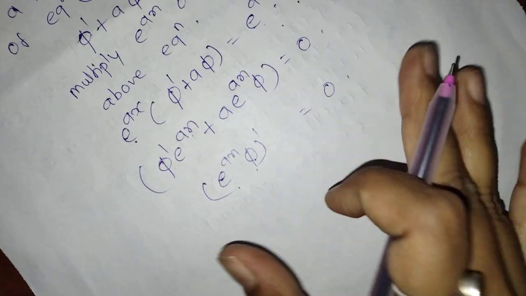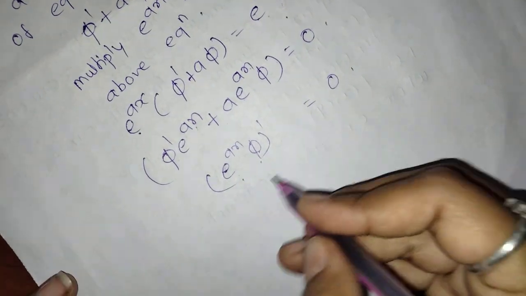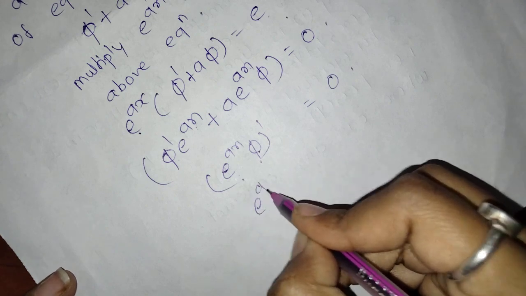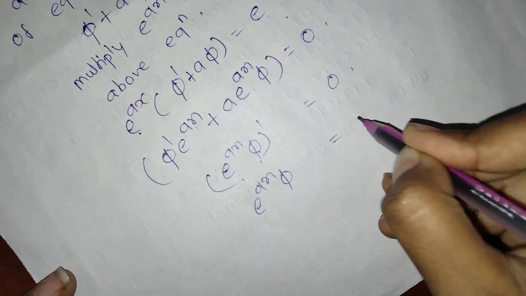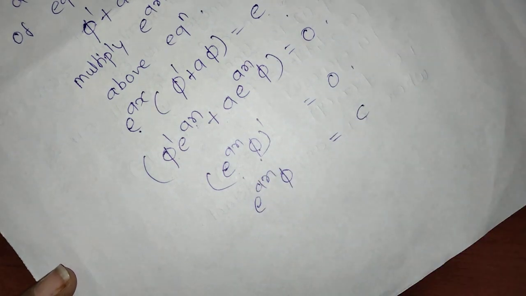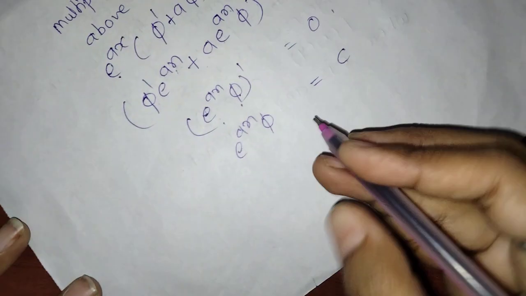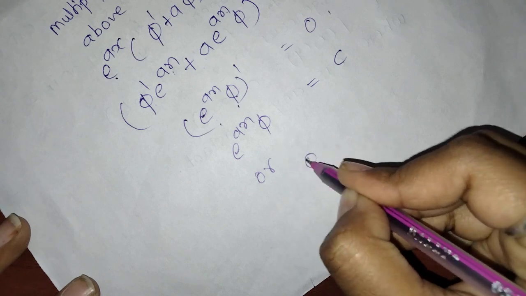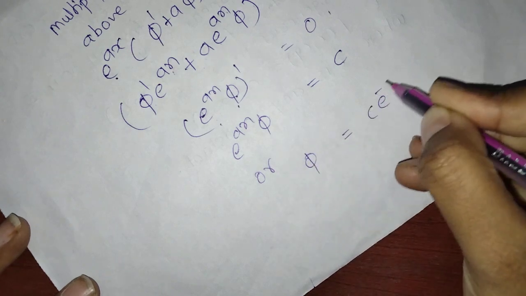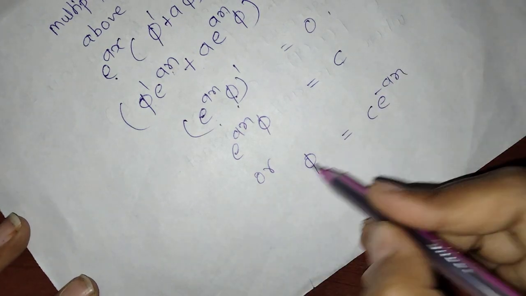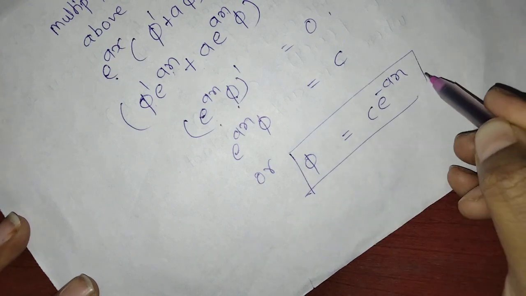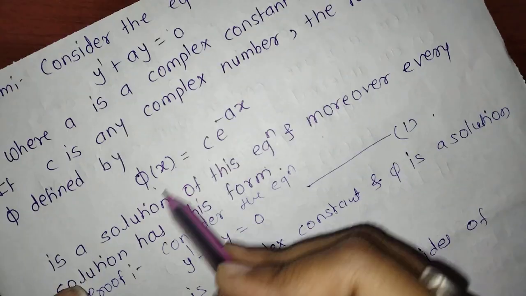So after taking integration on both sides, we get e^(ax) phi is equal to some constant c, or phi is equal to c e^(-ax).